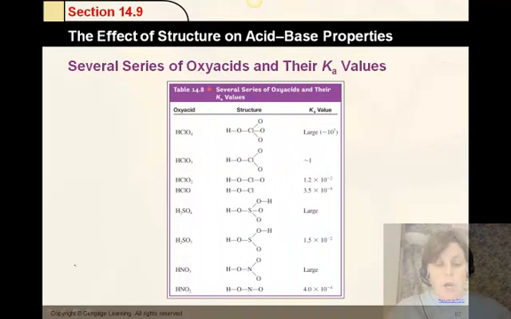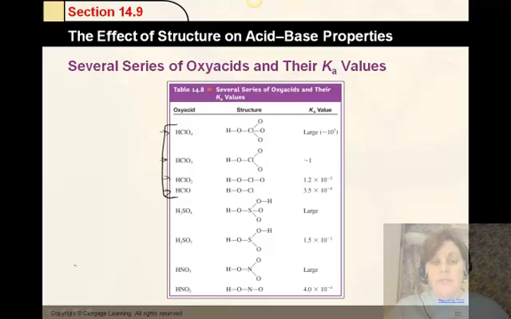So here's a good chart, and you can see the first 4. I like these 4 because they all contain hydrogen and some sort of chlorine and oxygen. This is HClO3, chloric acid. This is perchloric, chlorous, and hypochlorous acid.